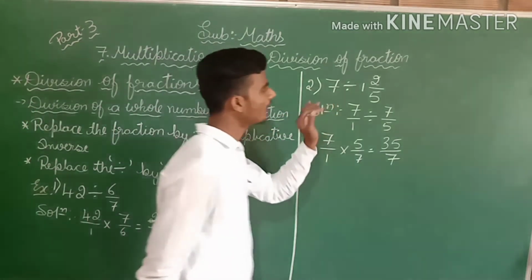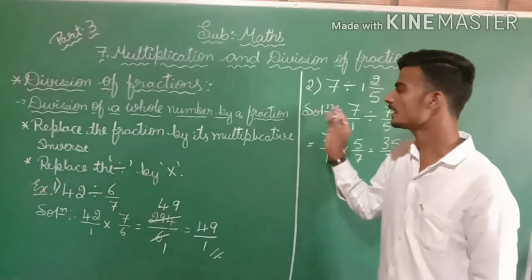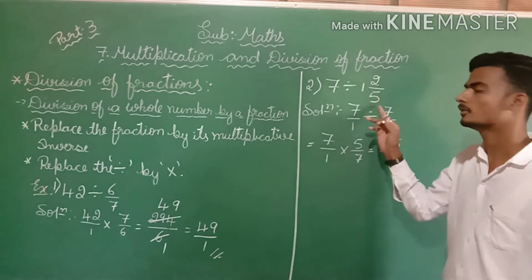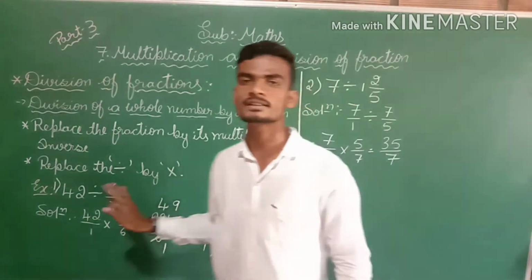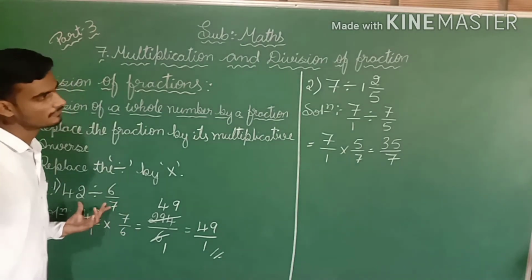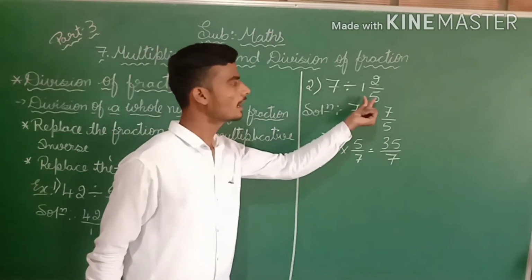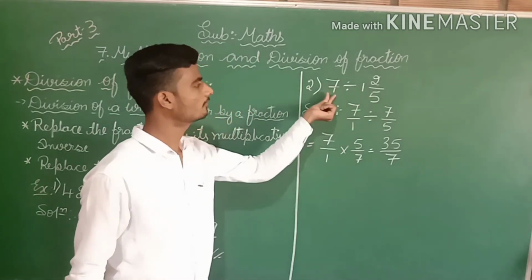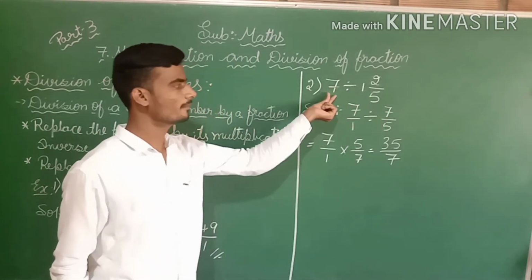Then one more example I have taken here. In this example a mixed fraction is there. In the first example there is no mixed fraction, but in example 2 I have taken one number as a mixed fraction and one number as a whole number.